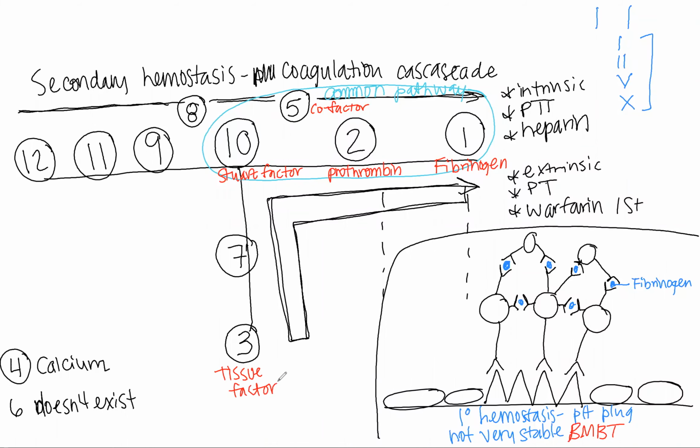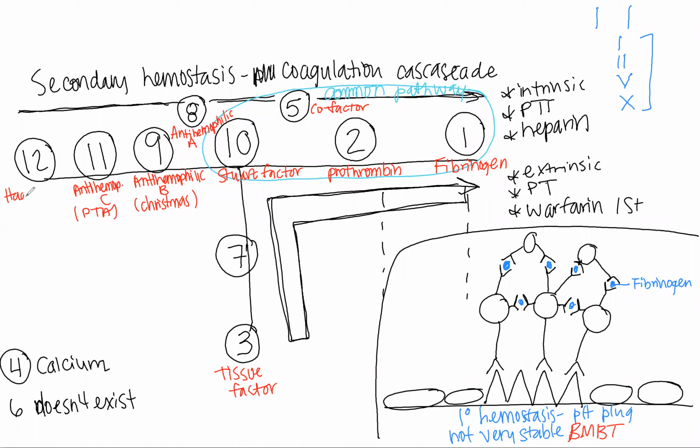This is antihemophilic A, antihemophilic B, antihemophilic C. This one's also called Christmas factor, and this one is also called PTA.